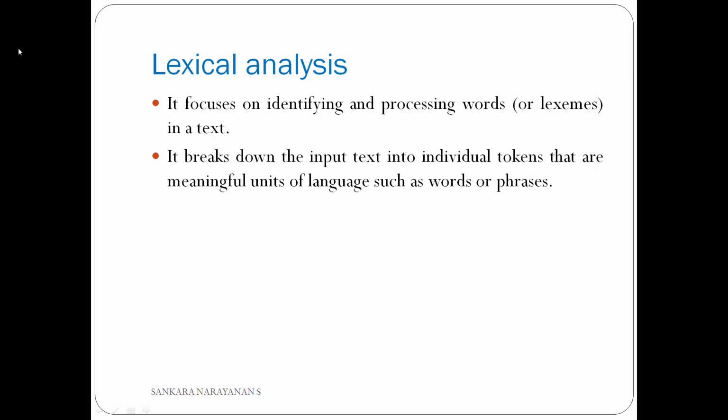The purpose of lexical analysis is to identify and process the words or lexemes in a text. It breaks down the input text into individual tokens that are meaningful units of a language, such as words or phrases.